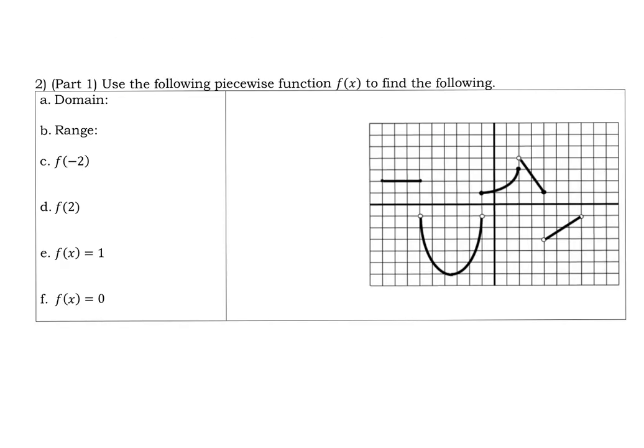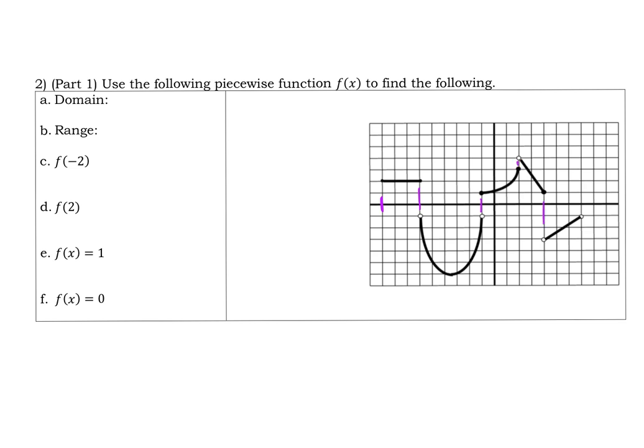Okay, now we're just looking at a piecewise function. Going to go back over and do some things with it here in a minute, but here's a review. My domain is how far left, how far right. So all the way over here is how far left. I'm connected here, so no gap, no gap, no gap, no gap.